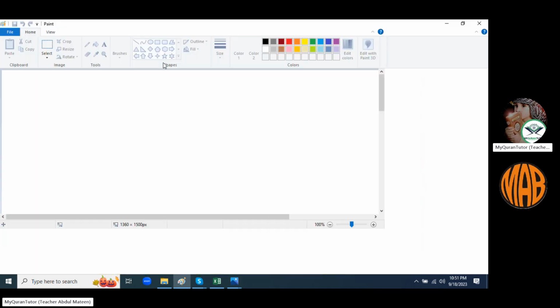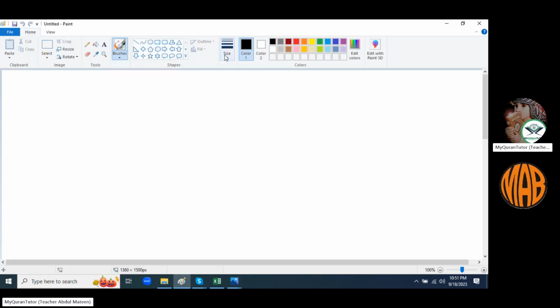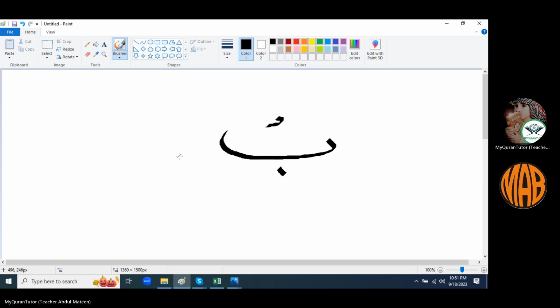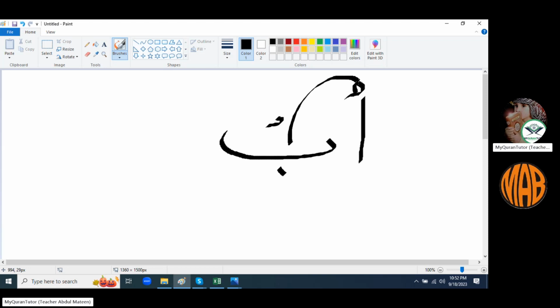For example, if there is just a sukoon sign on top of ba, you cannot pronounce it. We cannot read this alone. But when we write any letter before it, with fatha, kasra, or damma, then we can read them together. Now I am going to tell you how.